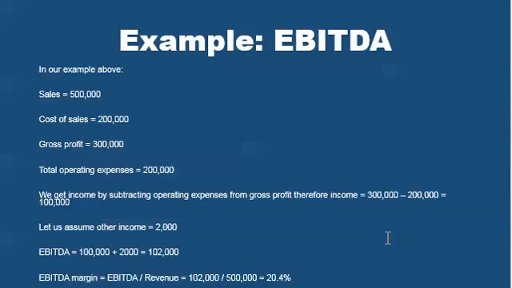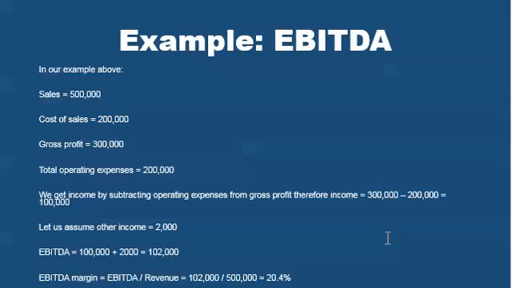Let's look at an example of EBITDA. In our example above, our sales are 500,000. Cost of sales is 200,000. Gross profit is 300,000. Total operating expenses are 200,000. We get income by subtracting operating expenses from gross profit. Therefore, our income is 300,000 minus 200,000, equal to 100,000.